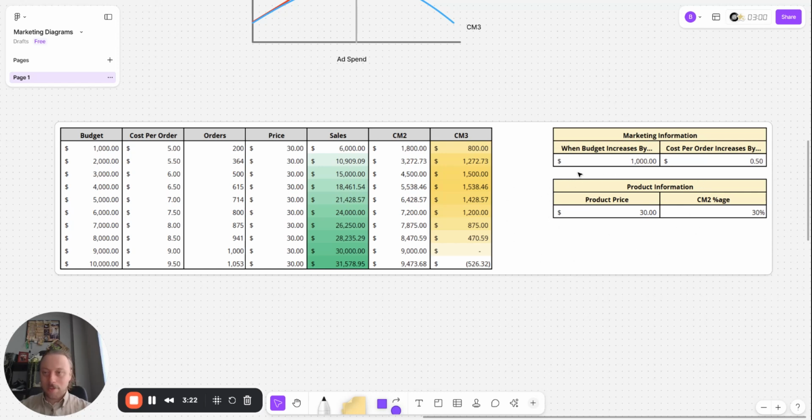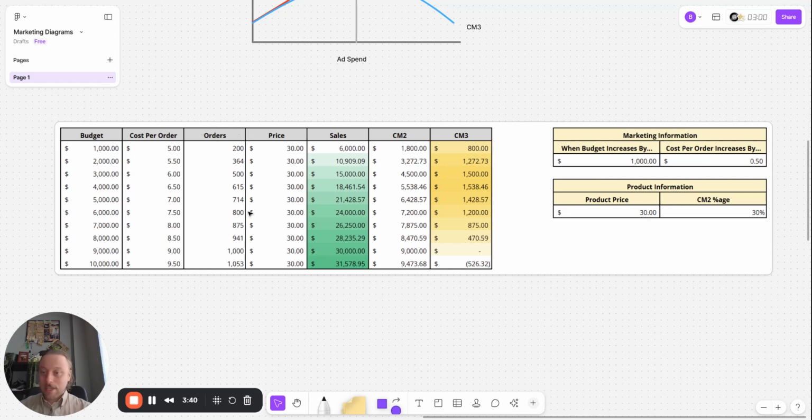So once they've done everything necessary to provide the product to the customer, they ultimately only keep $9 of that $30 price. And what we can see based off of this is as they increase the ad budget, starting at $1,000 all the way to $10,000, as I mentioned, the cost per order is going to increase by 50 cents for each $1,000 it's increasing by.